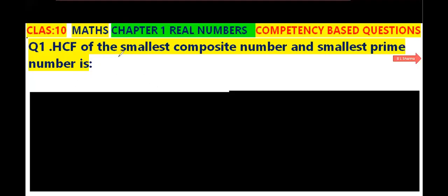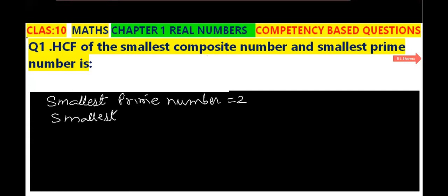HCF of the smallest composite number and smallest prime number is. What is the HCF of the smallest composite number and smallest prime number? And we know that the smallest prime number, सबसे छोटा prime number, that is 2.